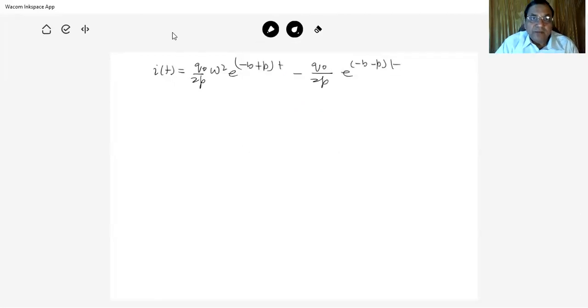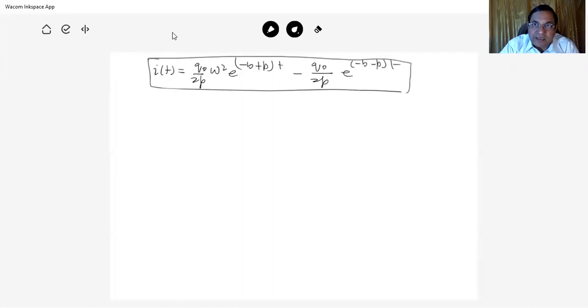With minus sign. So we have two expressions, one for charge, other for current. And from this equation, take the case. There are three cases. When B square is greater than omega square.